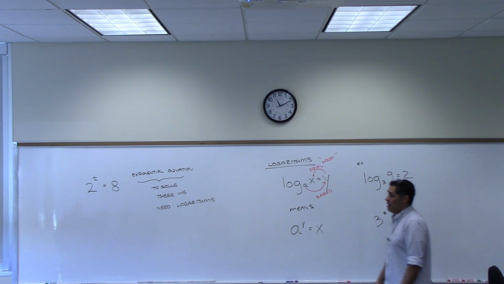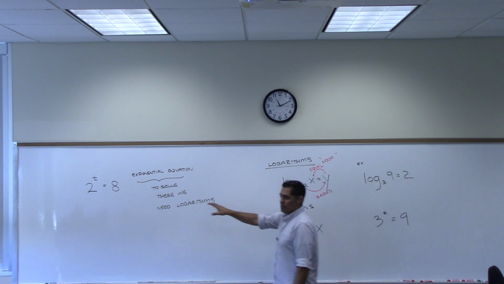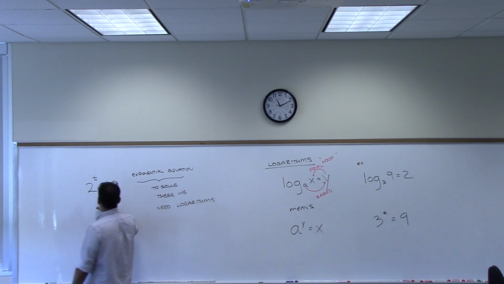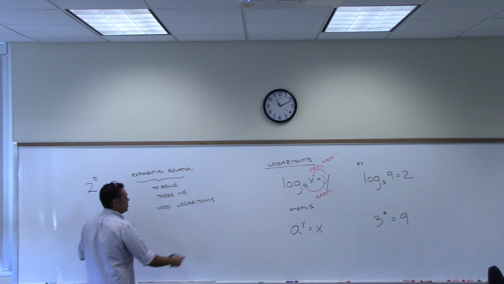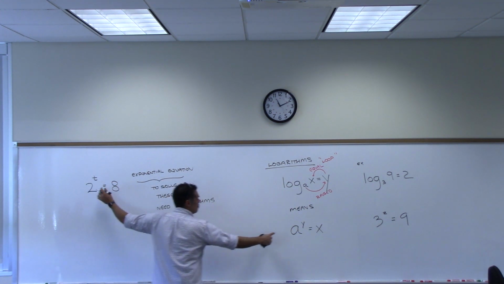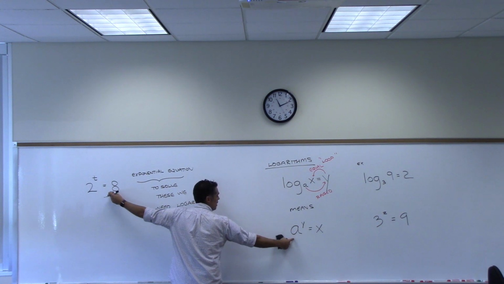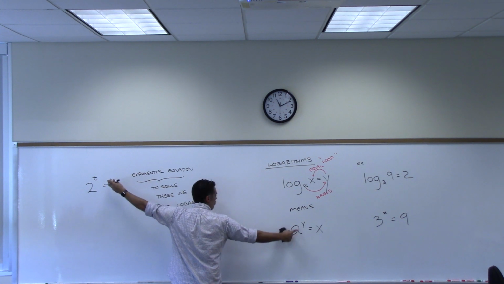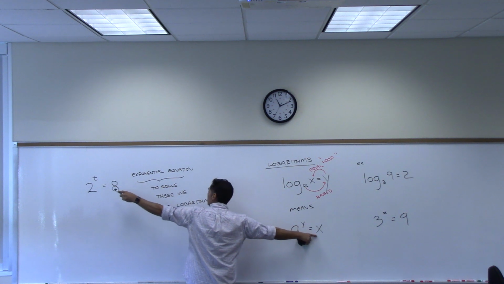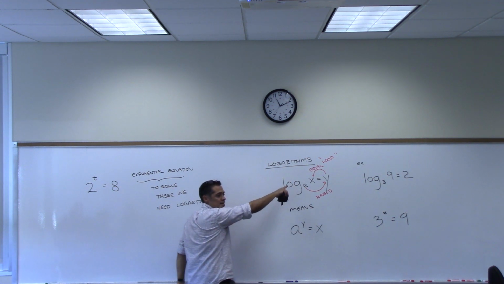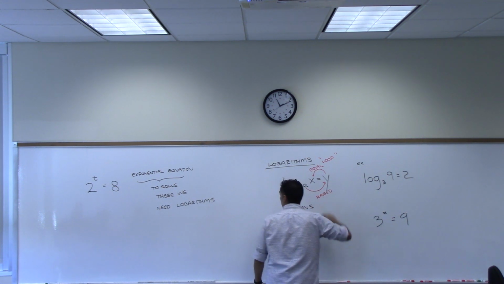All right, now, with that idea, will you help me please rewrite this? So 2 to the t equals 8. Careful, we're given this, aren't we? Okay, so for us, the a is what? 2. The y is t, and the x is 8. So we want to write that in this form as a logarithm.